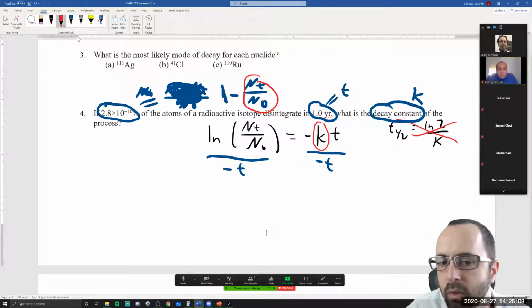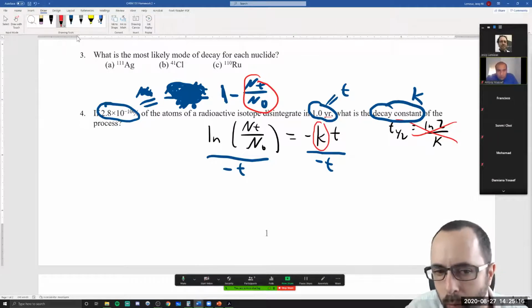That's what I had you solve for in the example problem that I did. Now we're given this, basically. We just need to take 1 minus this. Let me finish solving for K here, and then we're going to plug this in, okay?